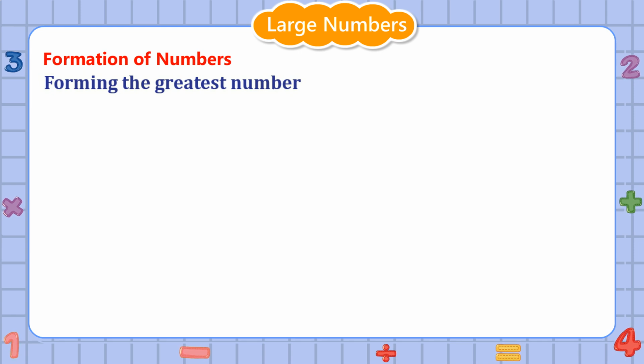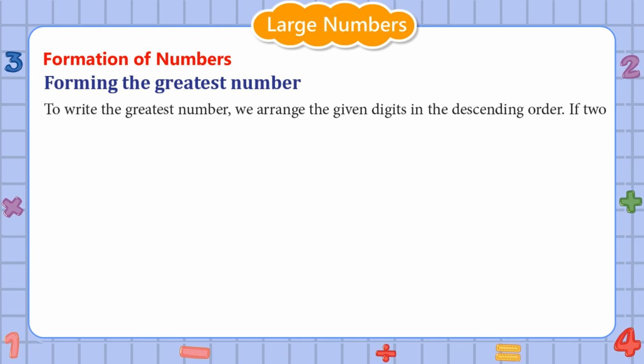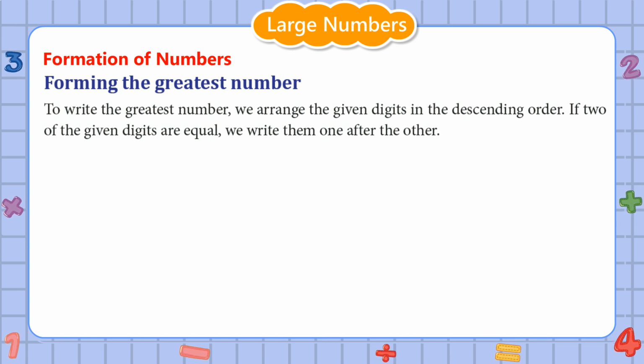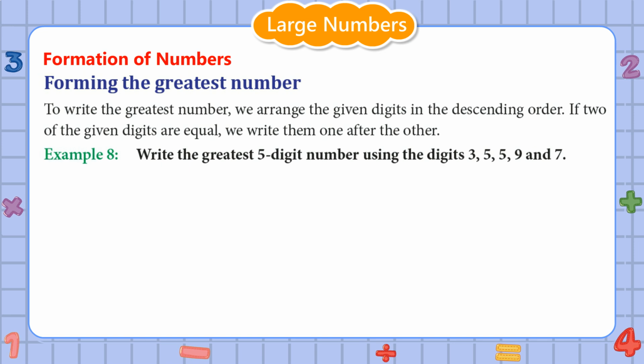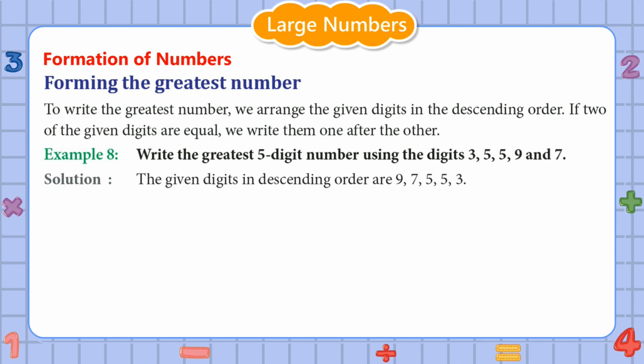Forming the greatest number. To write the greatest number, we arrange the given digits in the descending order. If two of the given digits are equal, we write them one after the other. Example 8. Write the greatest 5-digit number using the digits 3, 5, 5, 9 and 7.